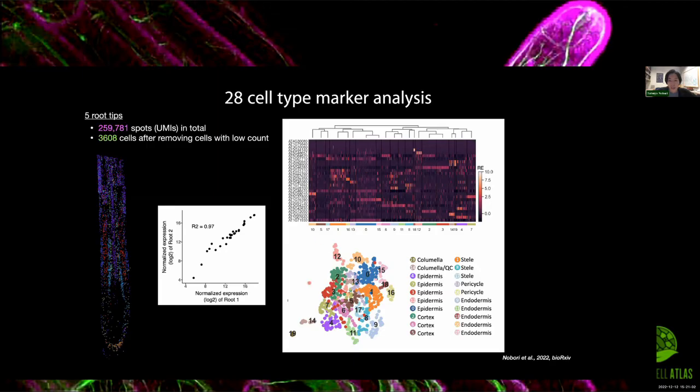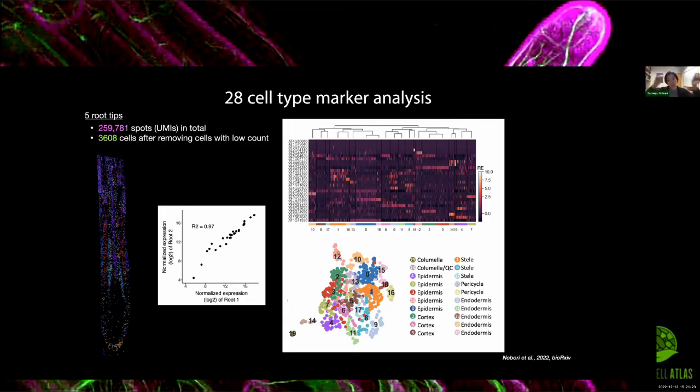The data can also be shown in this kind of UMAP, as people do for single cell analysis. Here I clustered cells together, and I could annotate those clusters based on their expression patterns. What's interesting is that each individual dot is a cell with XYZ coordinate in the tissue.